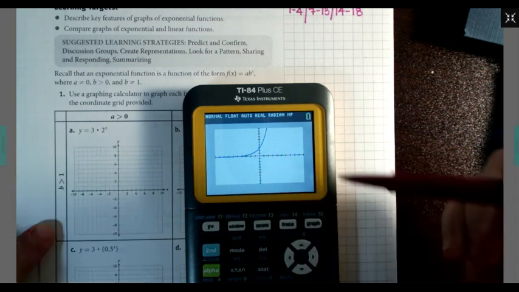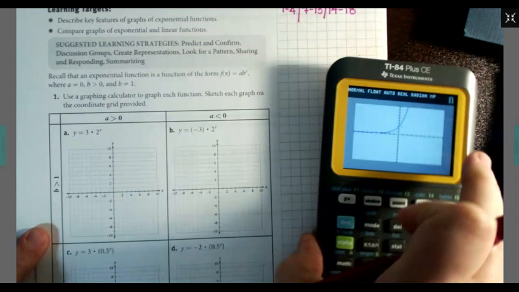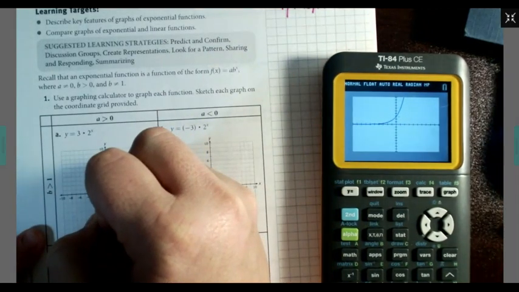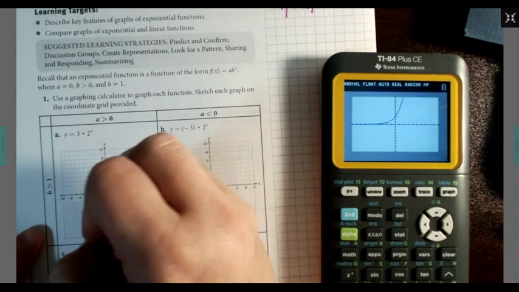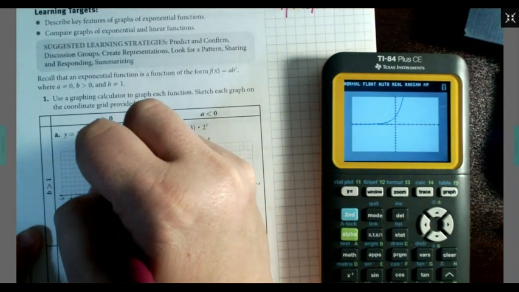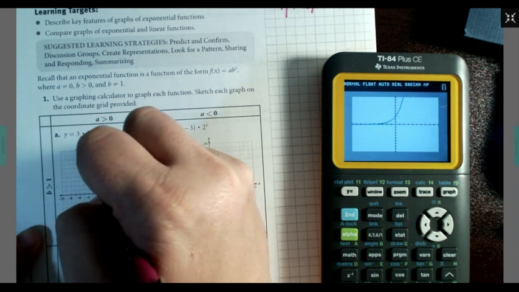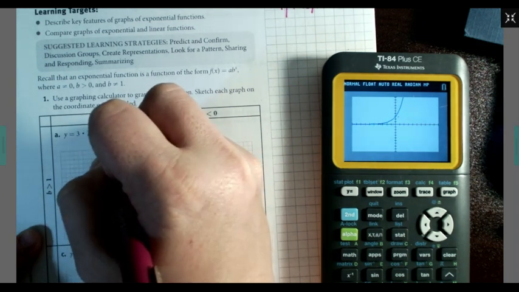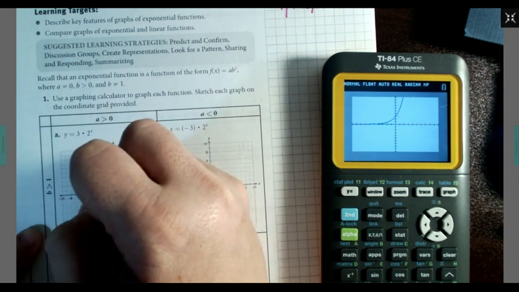Okay. It looks like my y-intercept is at 3. It looks like we're multiplying by 2 each time, so that would be 6 here, and then the next one would be 12, so it would kind of go up like this. Half of this would be 1.5.